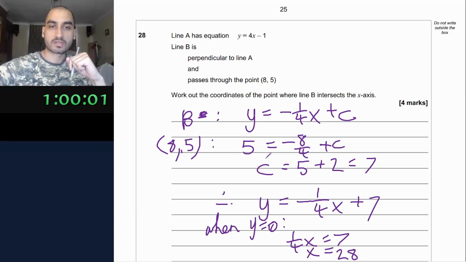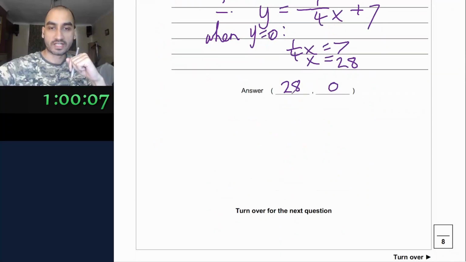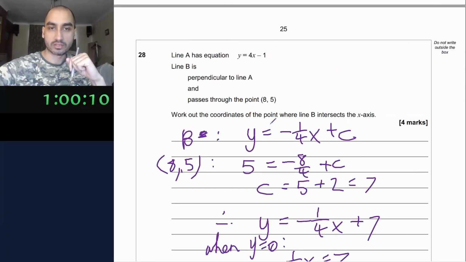Four marks. Well, that looks like 4 marks worth. I wonder if you're allowed to do a scale diagram. Probably not. Not that alone.